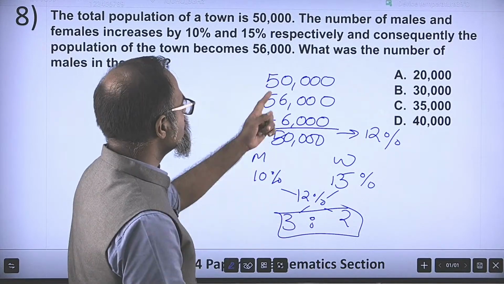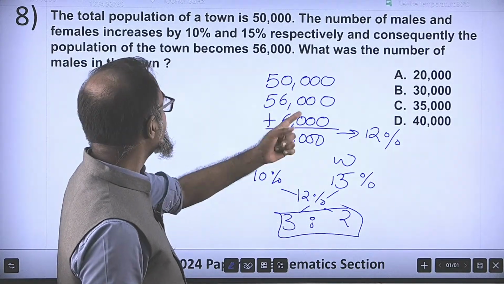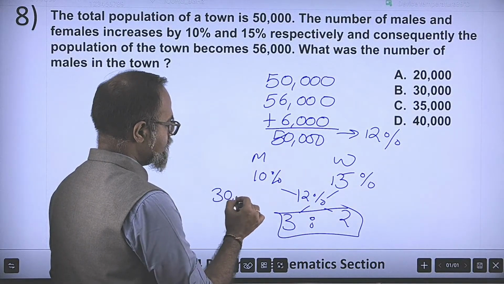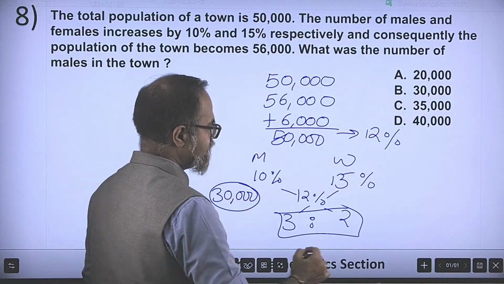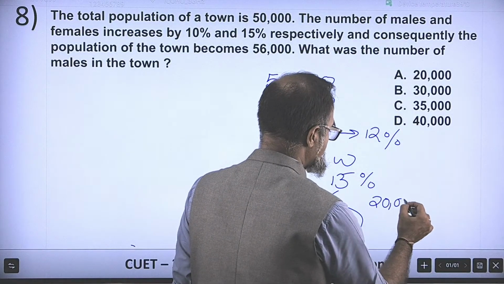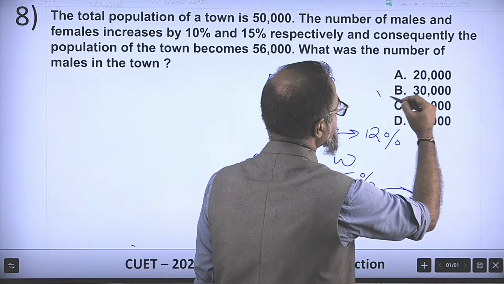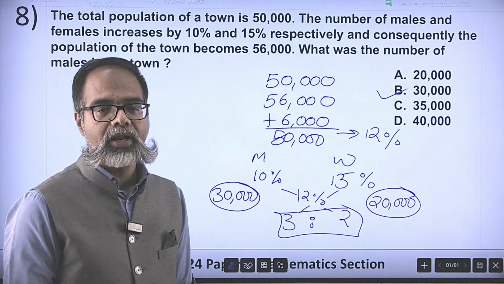That's it. So if total is 50,000 and I have to split it in the ratio of 3:2, obviously the number of men is going to be 30,000. The number of women is going to be 20,000. So number of males in the town, 30,000. Mark, move ahead. That's it.